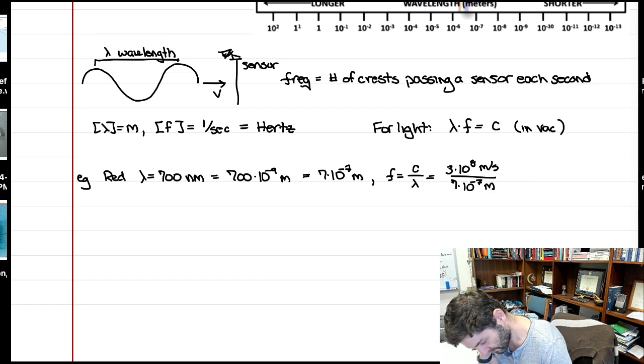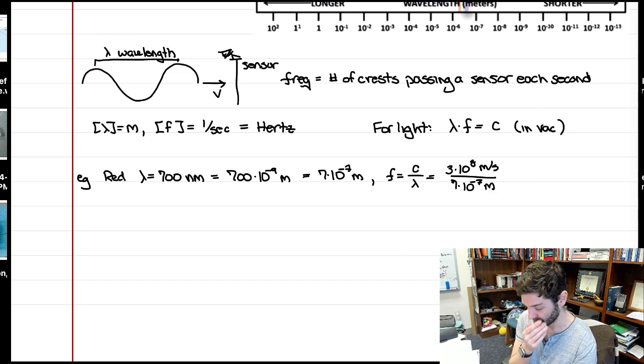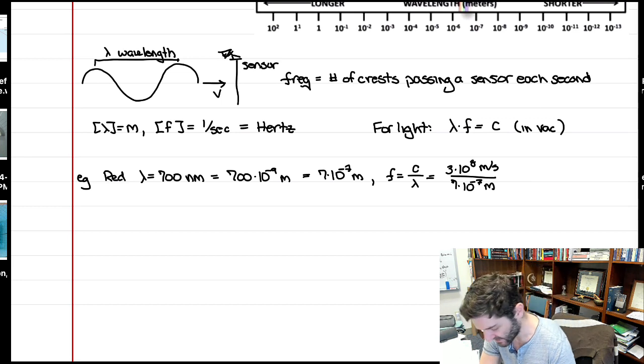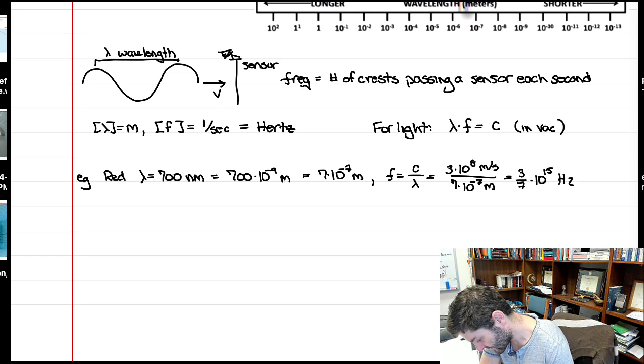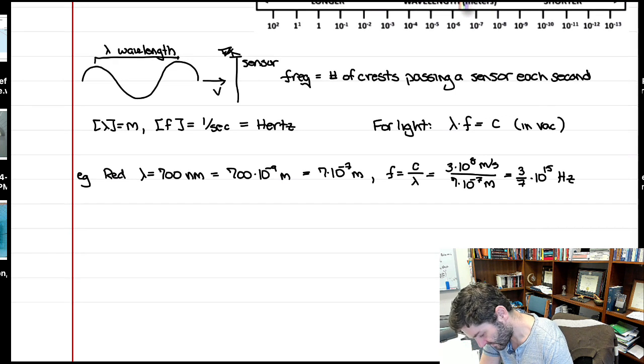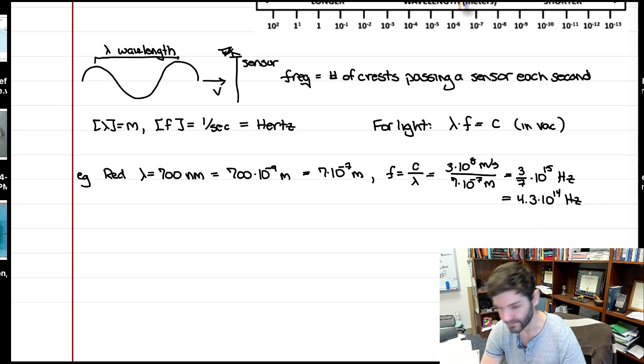Meters cancel. My unit left is 1 over seconds, or hertz. I'm dividing by a negative exponent, so they're going to add. So this is going to be 3 over 7 times 10 to the 15 hertz. And when I actually plug it in, it's something like 4.3 times 10 to the 14 hertz at the end of the day.